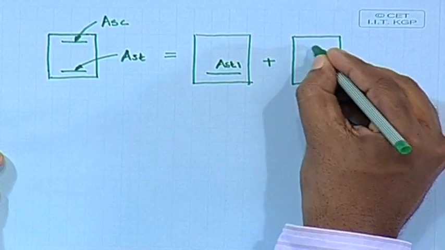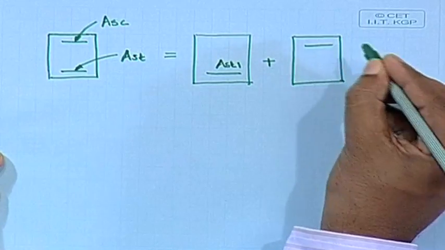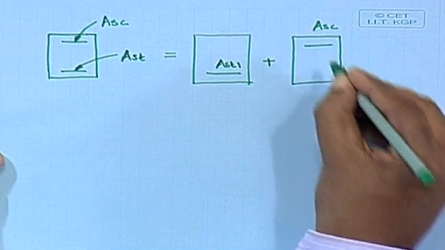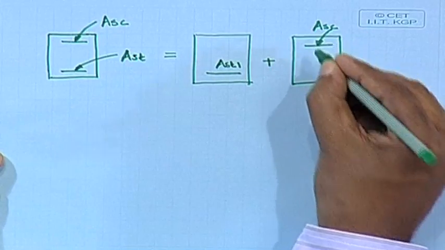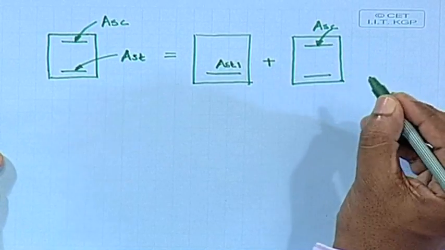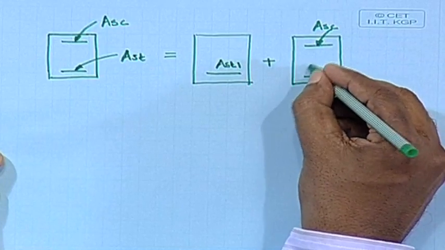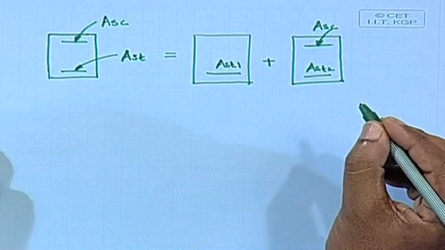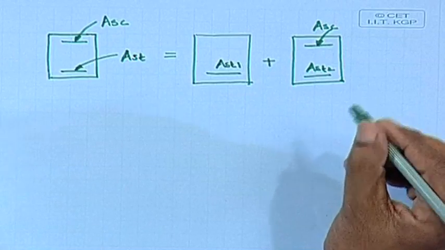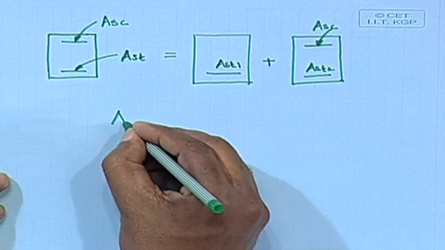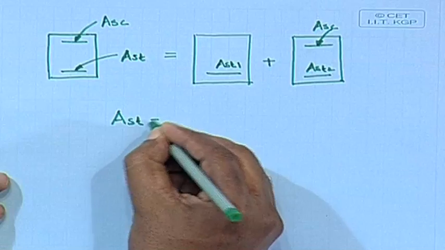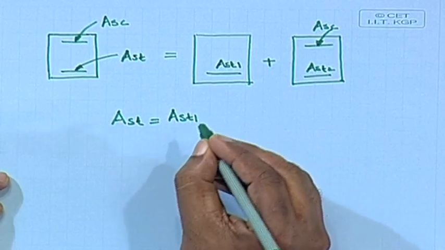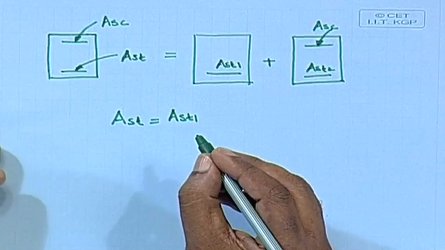assuming only the steel action, ASC, area of steel in the compression side, and AST 2, area of steel in the tension side. So, area of steel in the tension side has two parts, AST equal to AST 1 considering the singly reinforced section.